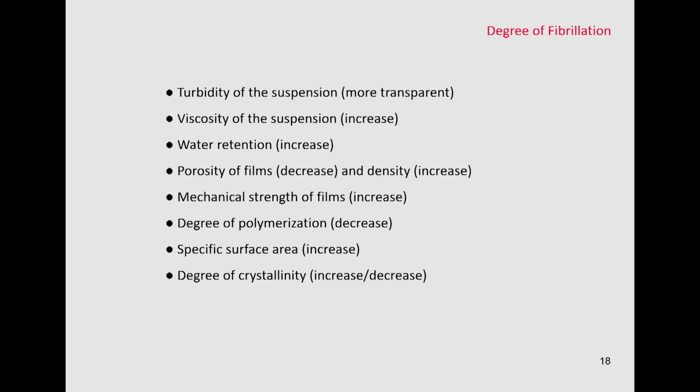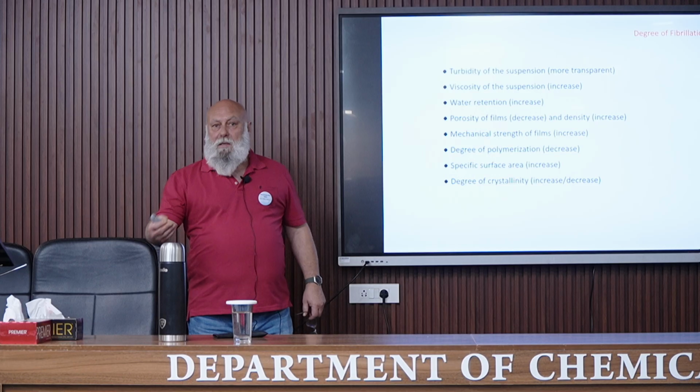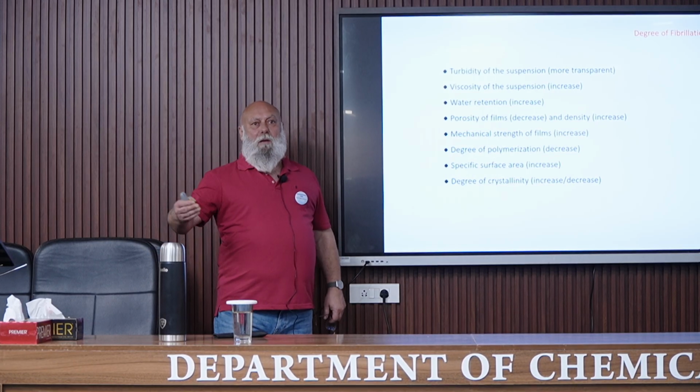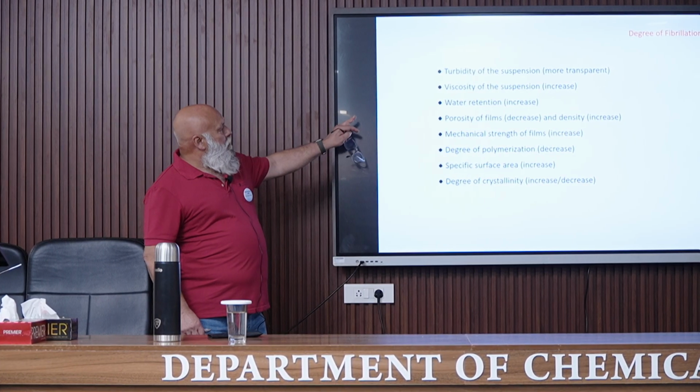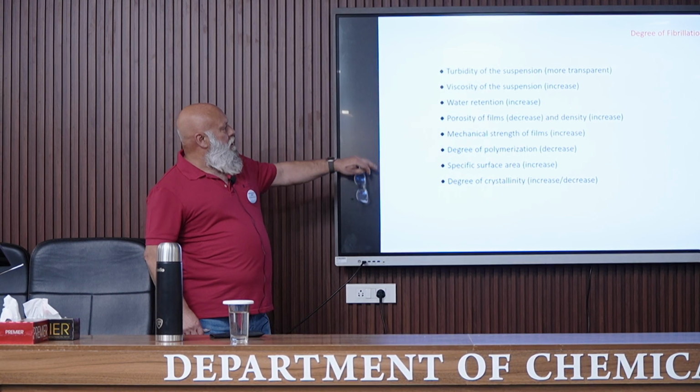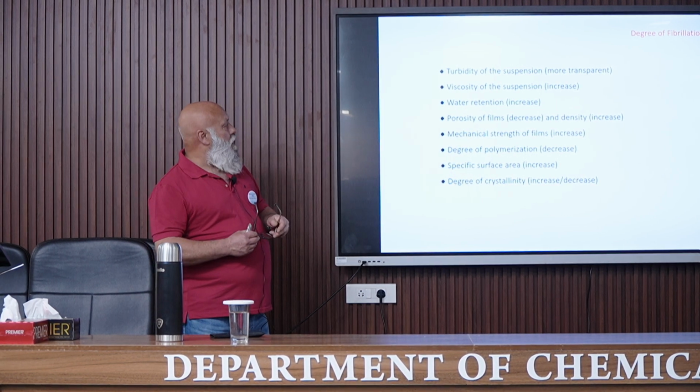We can have an idea about the degree of fibrillation of these nanoparticles following different parameters, which are reported here. The turbidity of the suspension becomes more transparent upon fibrillation. The viscosity of the suspension increases. The water retention increases.